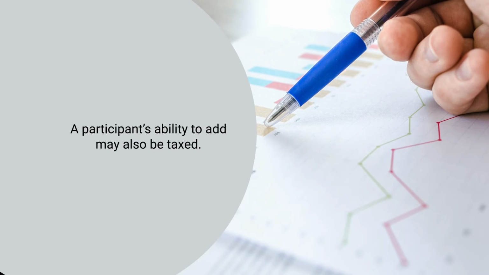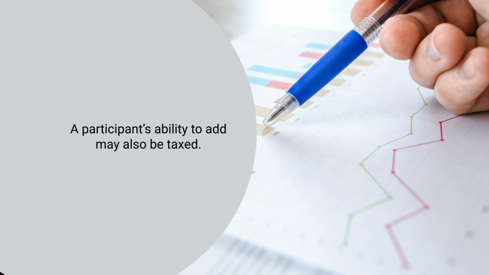A participant's ability to add may also be taxed. An advantage is compatibility with present data, and the fact that alternatives that are perceived to be equal can be scored. So the scale produces interval data. I think this is one of the best ways of judging it.